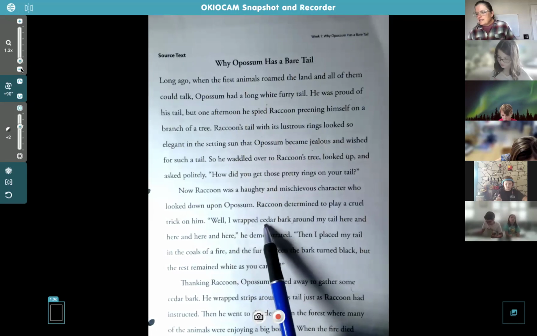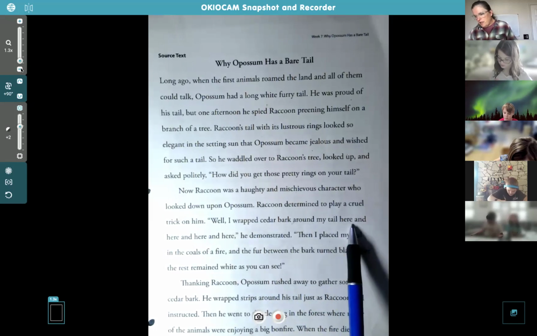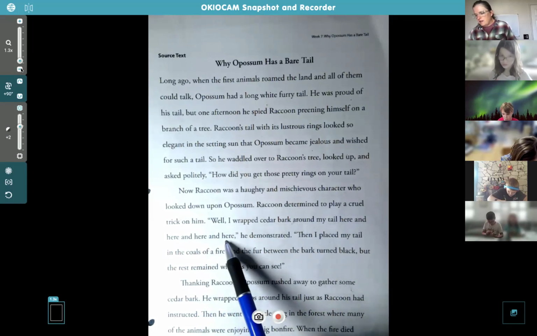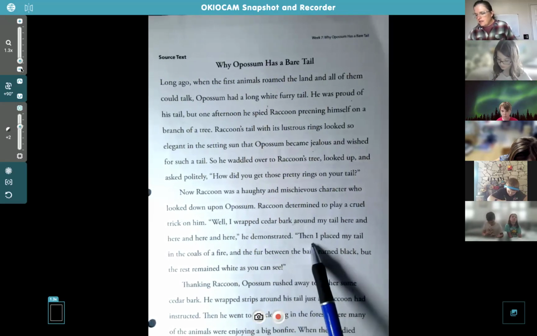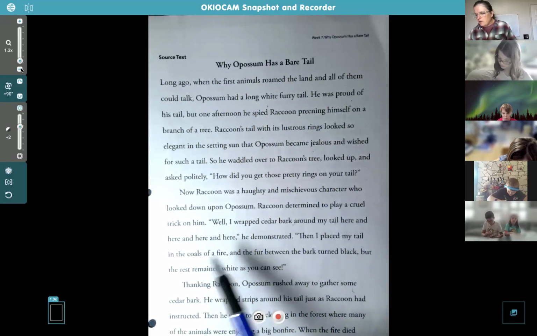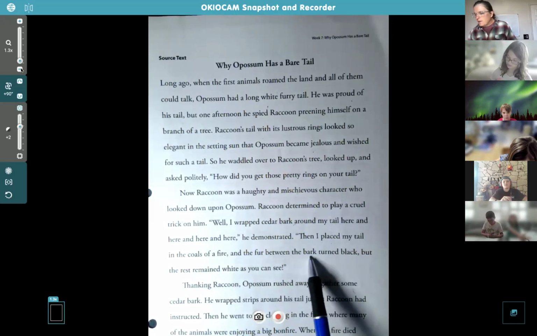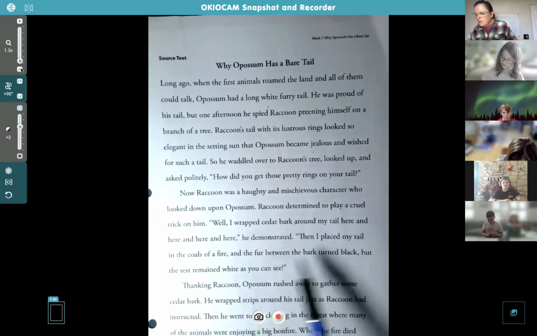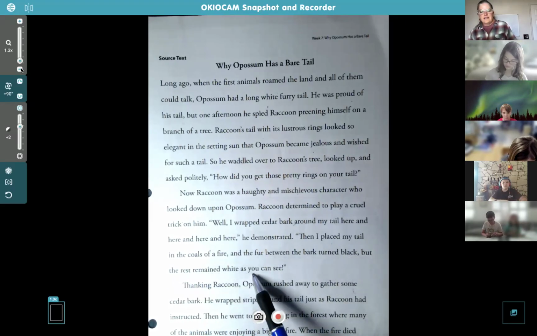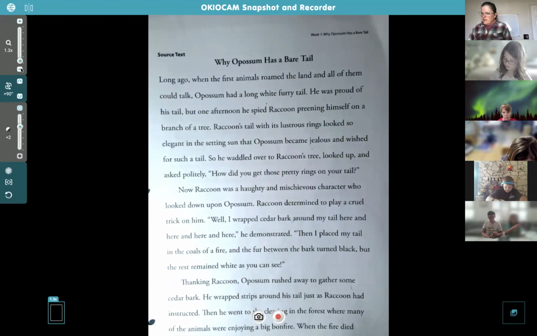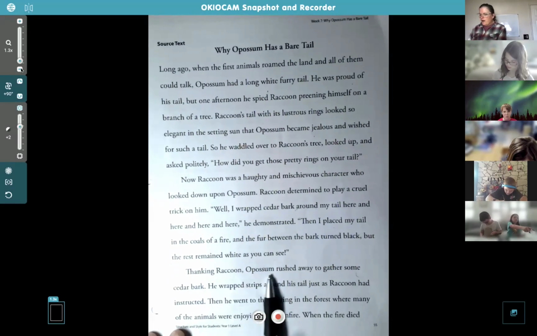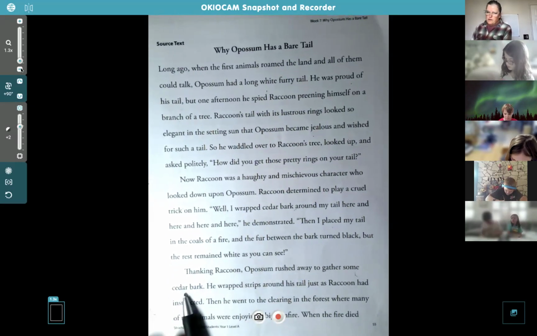"Well, I wrapped cedar bark around my tail here and here and here and here," he demonstrated. "And then I placed my tail in the coals of a fire, and the fur between the bark turned black, but the rest remained white, as you can see." Thanking Raccoon, Opossum rushed away to gather some cedar bark.